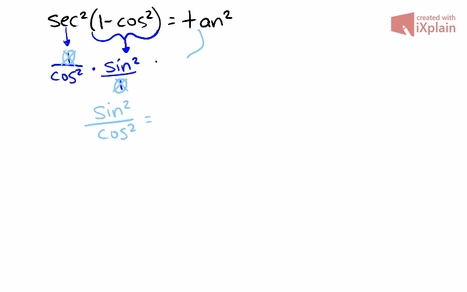Now I need to bring down my tangent. If you look on your identity sheet, tangent is sine over cosine. Since tangent is being squared, both my sine and my cosine are going to be squared. Okay? And all of these rules are on the identity sheet. All right? Give me a quick second. I'll get ready for the next one.